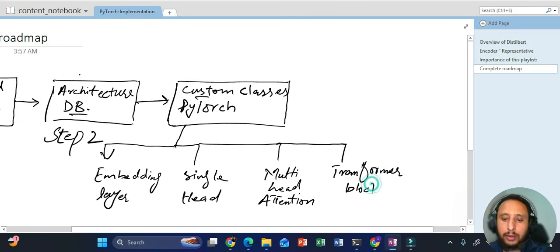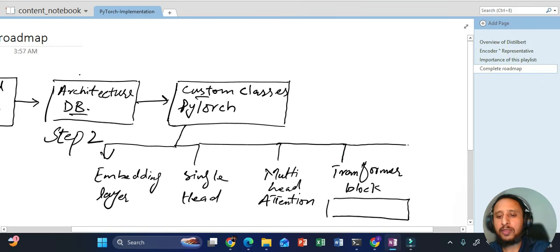This transformer block will have the complete architecture. One transformer block has a multi-head attention layer, then a feed forward layer, and there are adding and normalization steps. We will discuss all of them in this specific phase.